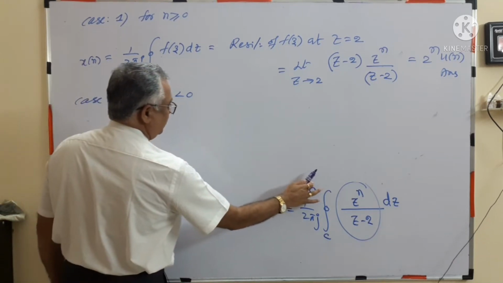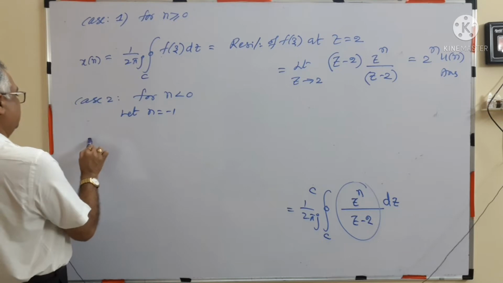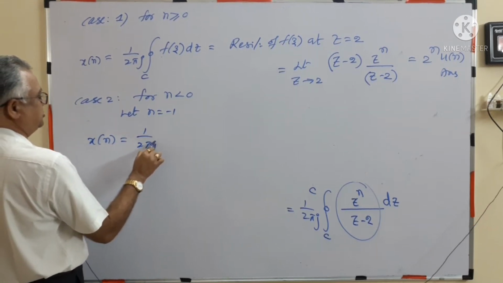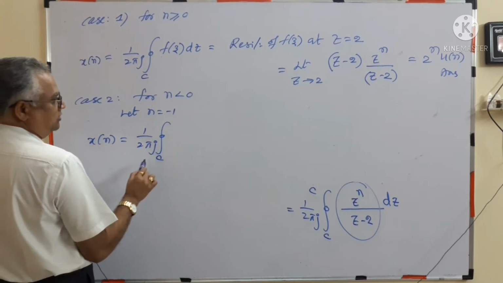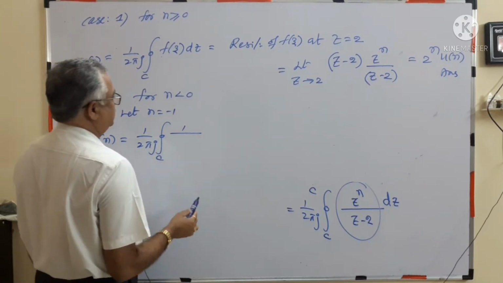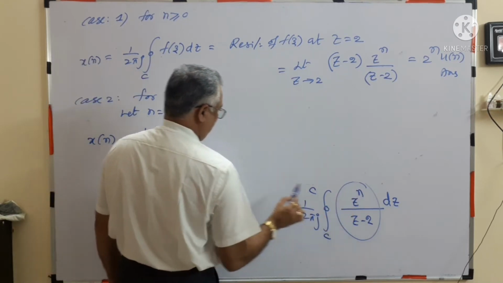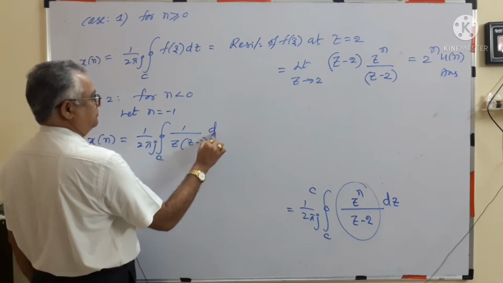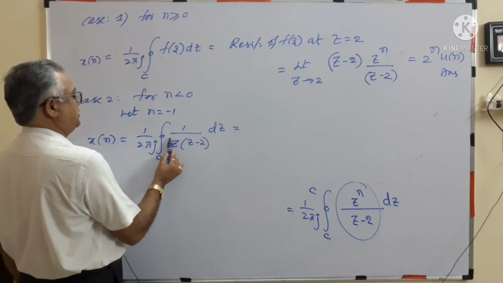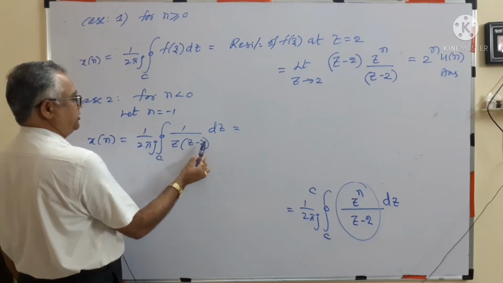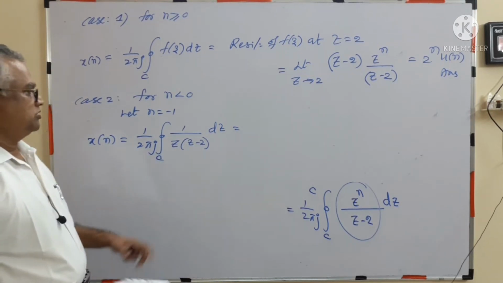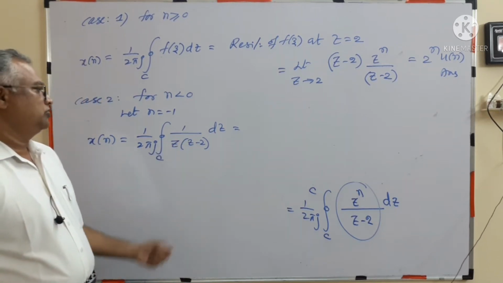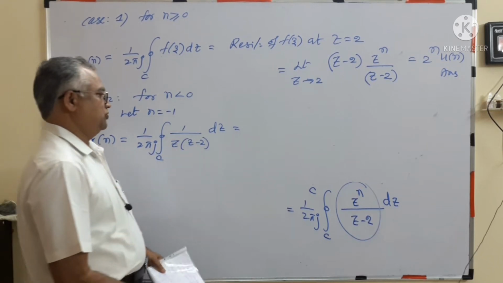If n equal to minus 1, what is x of n? 1 by 2 pi j integral of 1 by, here z power minus 1 will come down, so z into z minus 2 dz. Now it has a pole at z equal to 0 and a pole at z equal to 2. Both are inside the contour. So we need to consider both.